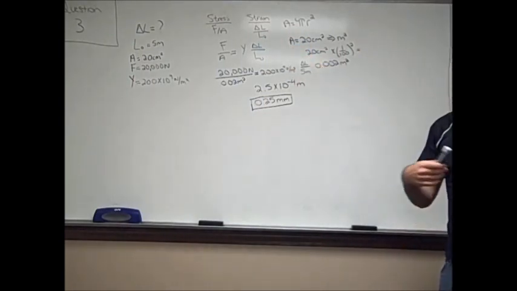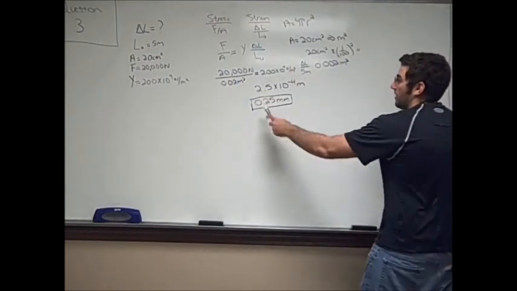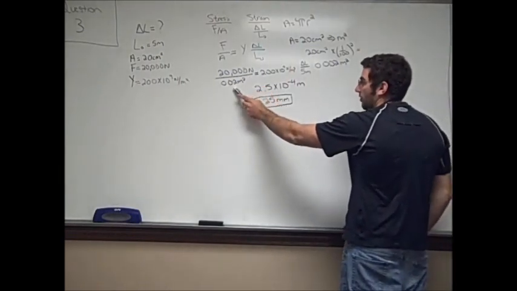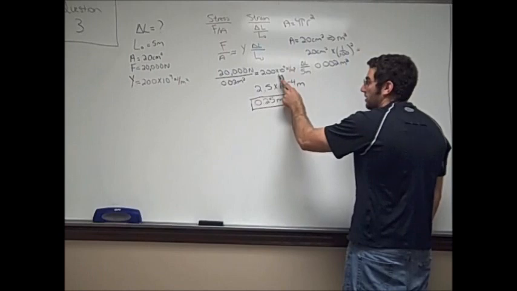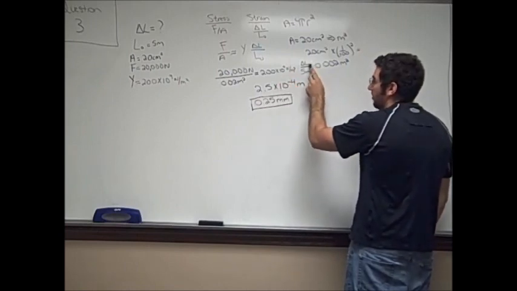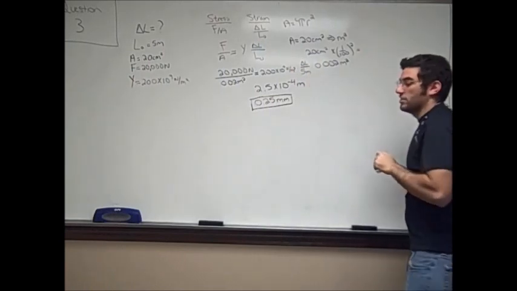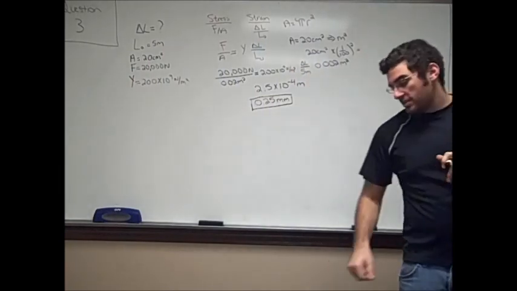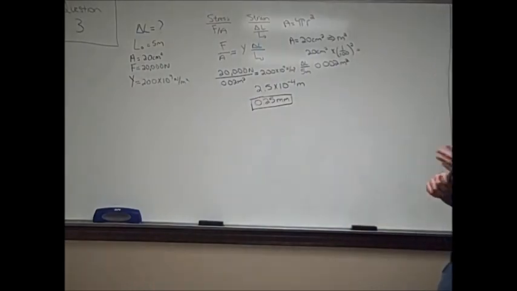And if he's asking to solve for any of the variables, just go ahead and plug everything in for the force, the cross-sectional area, the Young's modulus, or bulk modulus if this is a volume, and solve for your change in length when you have an original length of 5 meters. So the correct answer for question number 3 is A, 0.25 millimeters.